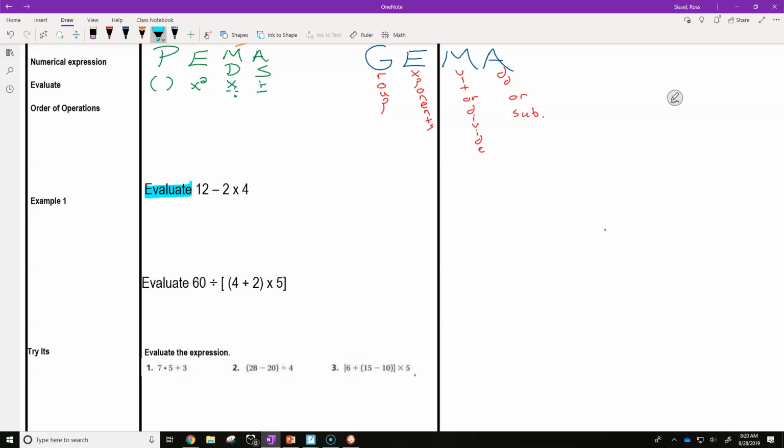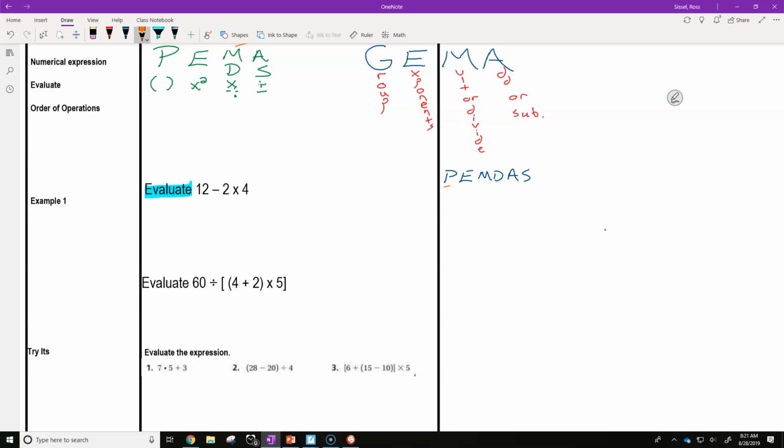What's the answer? So I have the equation 12 minus 2 times 4. Now when I did elementary, I made my students on every single question. I'm not going to make you unless your person needs it. On every single equation, they wrote PEMDAS down next to each equation. And then they checked it as they went. First thing, are there parentheses in my equation? 12 minus 2 times 4.